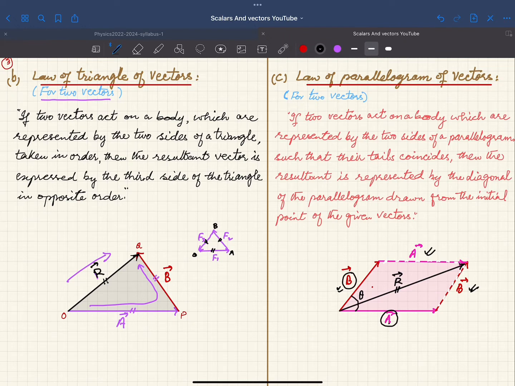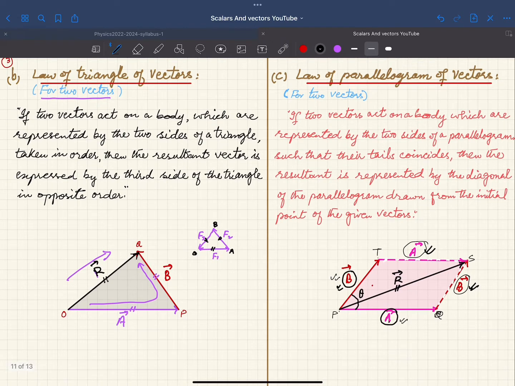Suppose you consider that this is P, this is Q, S, T. So from P to Q you have vector A, from P to T you have vector B, and you can draw QS as B and TS as A, parallel to A. And as I said earlier, the diagonal of the parallelogram will give you the resultant.